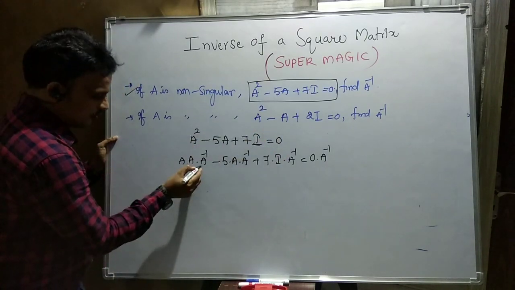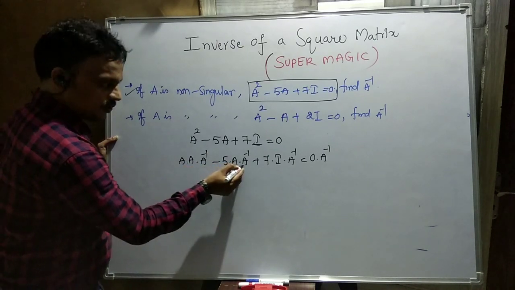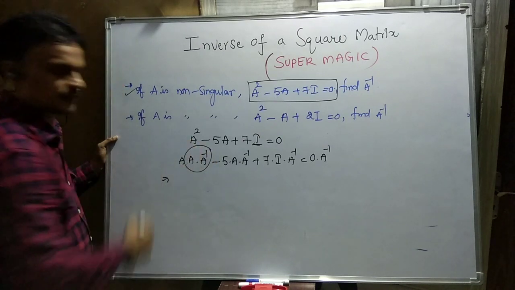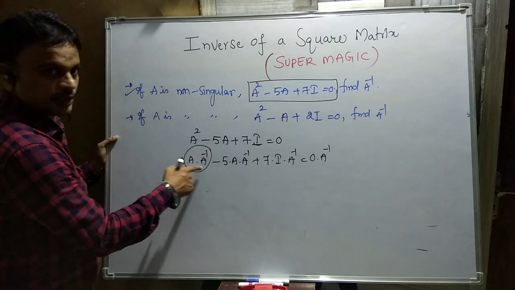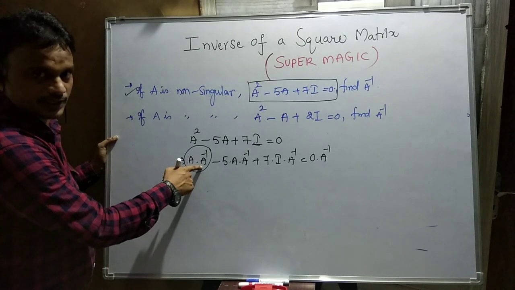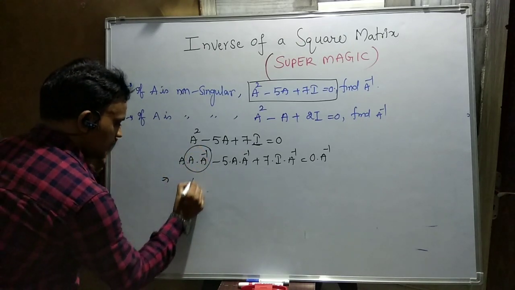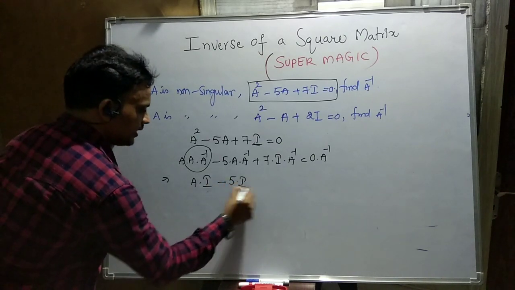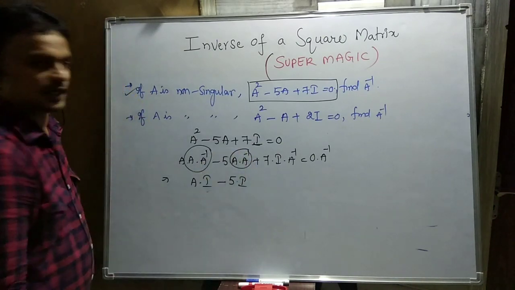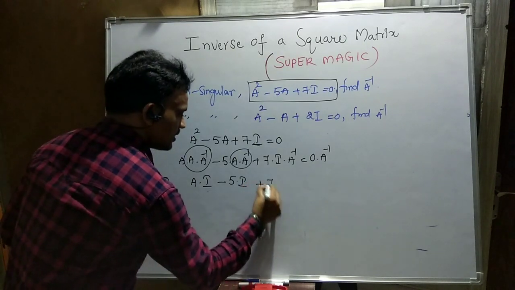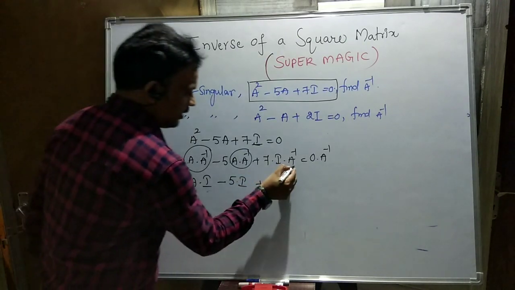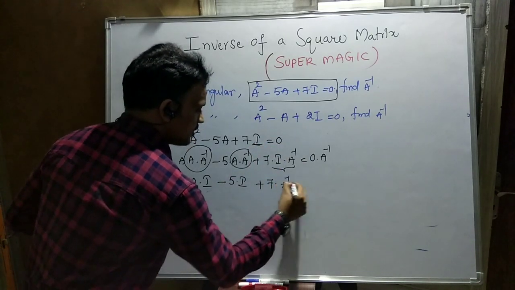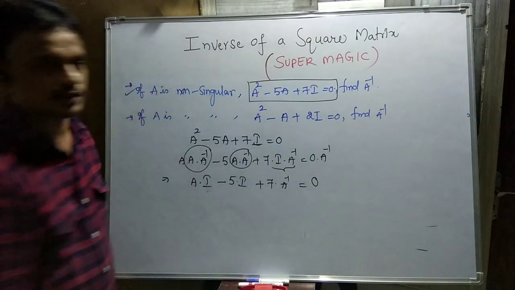A matrix multiplied with its multiplicative inverse gives identity. So we get A into identity minus 5 into identity, plus 7 times A inverse, where any matrix multiplied with identity gives the same matrix, equals the right side 0 matrix.